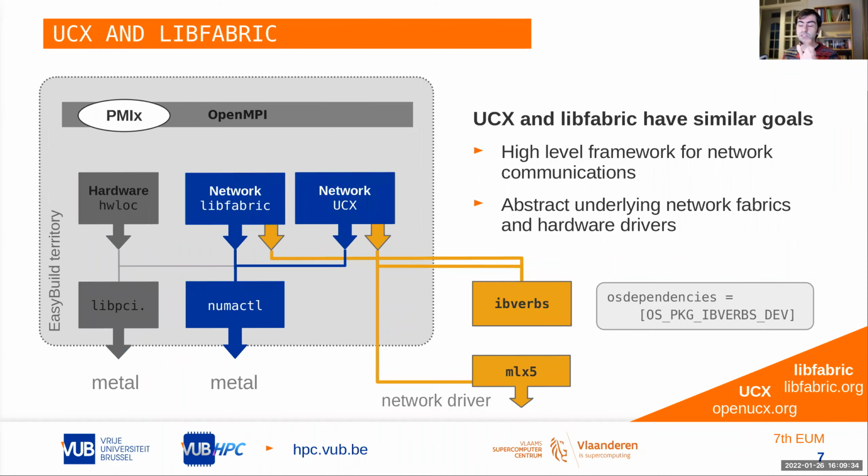On the other hand, we have all the libraries handling the network, and that's libfabric and UCX, and things are more complex there. So both UCX and libfabric fulfill more or less the same role. They are middleware that abstract the underlying network fabrics and hardware drivers of the network cards.